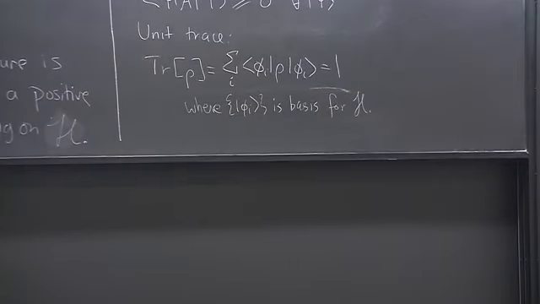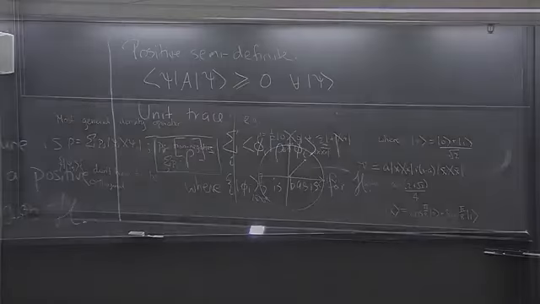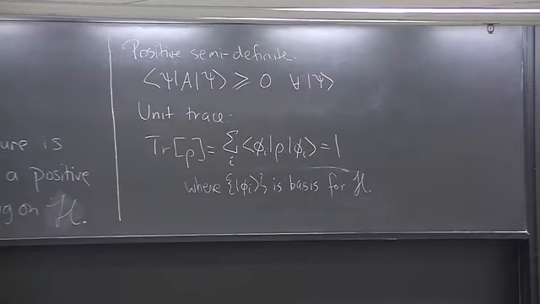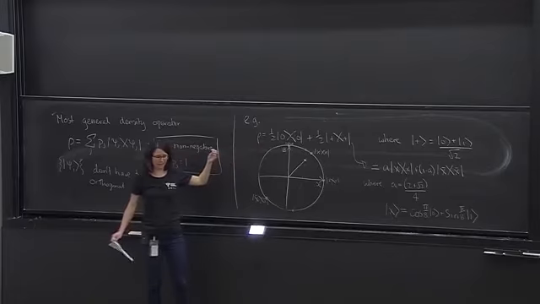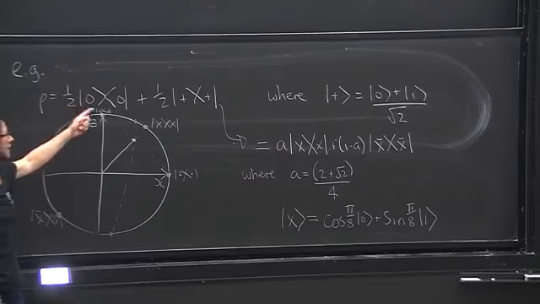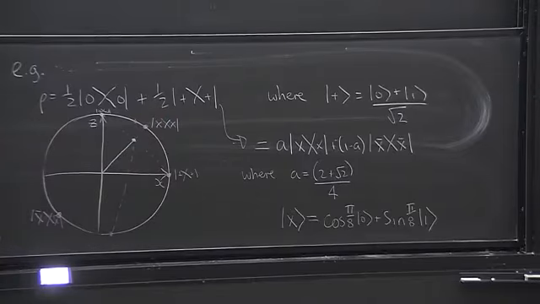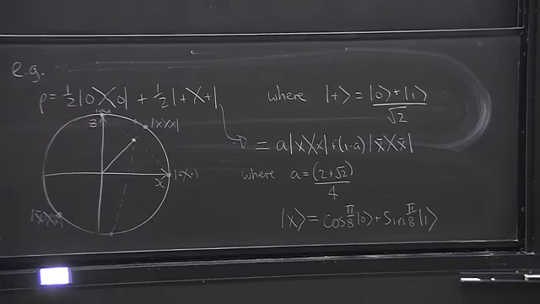Okay, so the reason that's interesting is that you might think that this density matrix represents the state half of the time being in this state and half of the time being in that state. You might think that, actually, the state is one of these things and rho is just some probabilistic mixture of these.